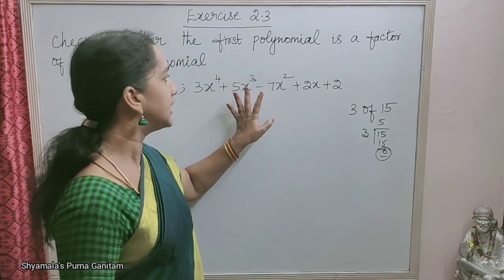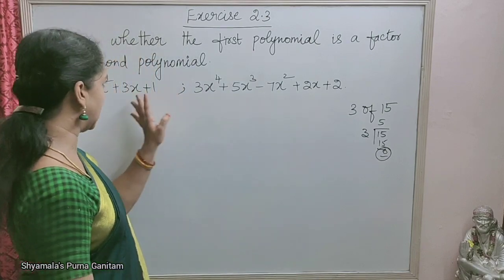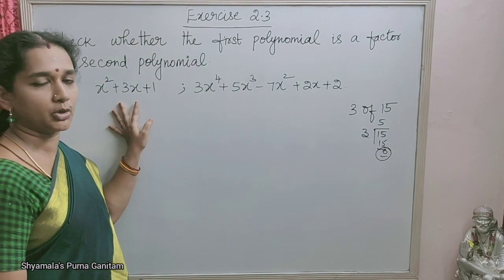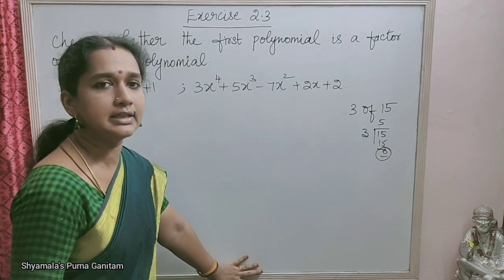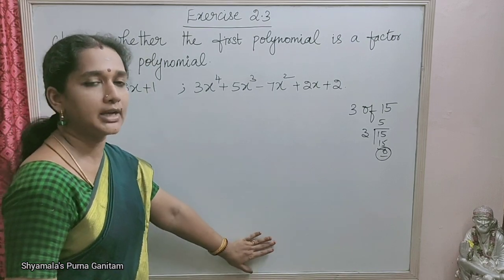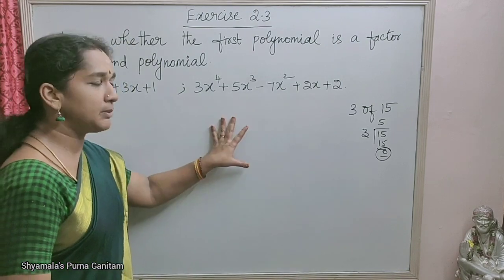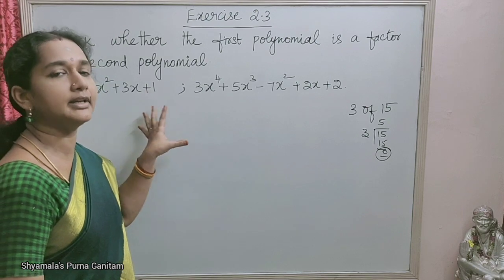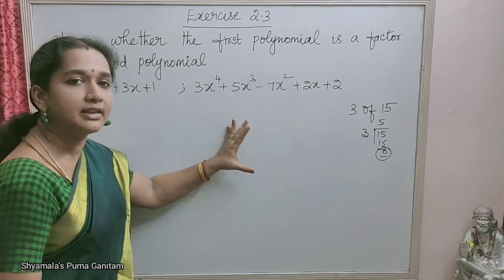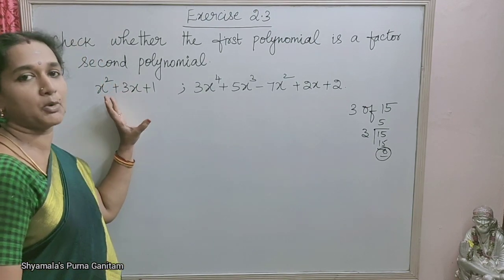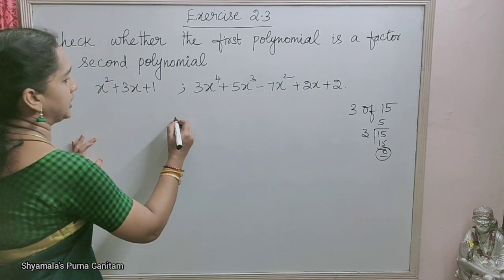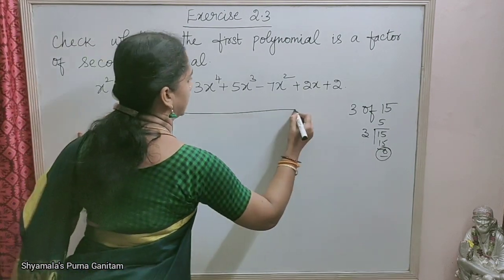We are going to divide this biquadratic polynomial by this quadratic polynomial and check whether we are getting 0 as the remainder. If we are getting 0 as the remainder, we can divide the given polynomial by this polynomial exactly. So that will be the factor.